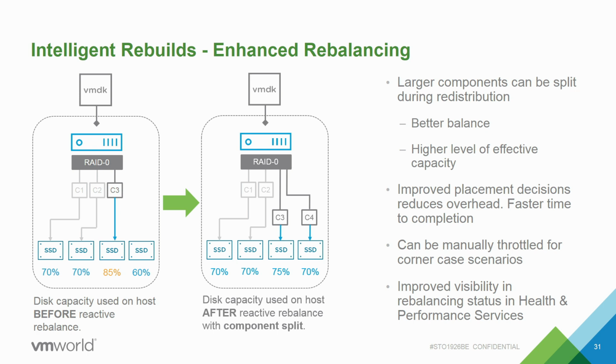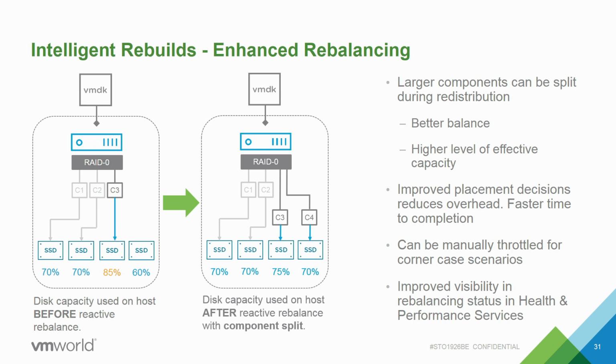So we're really mindful of reducing the amount of activity that's occurring on the back end if it's not necessary, and that thus will improve the performance that the VMs will see on the front end. One of the enhancements here is this notion of enhanced rebalancing.